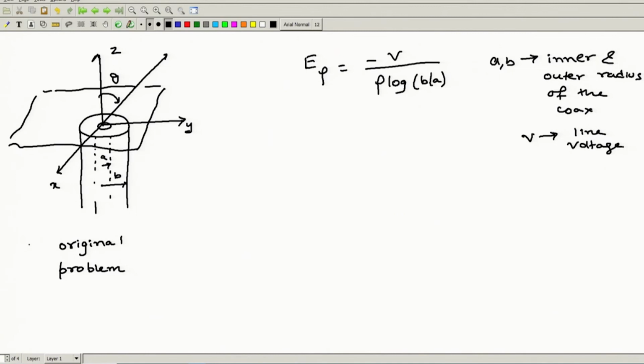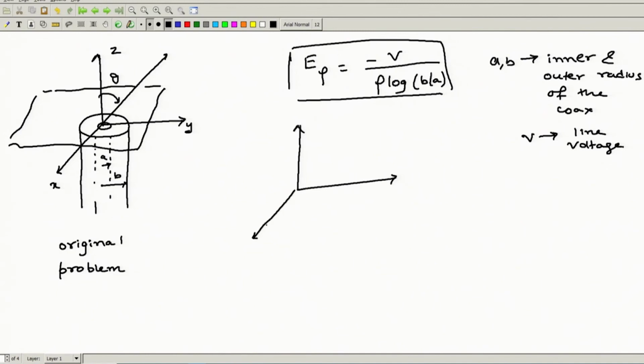It is to be noted that in the question it is assumed E rho is minus V upon rho log B by A. Now, we can change this original problem and draw it like this.